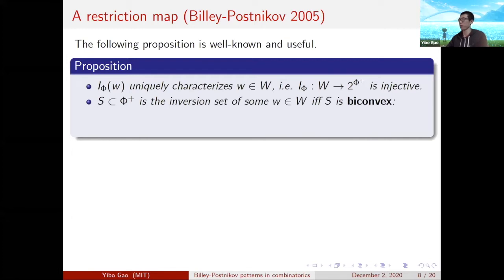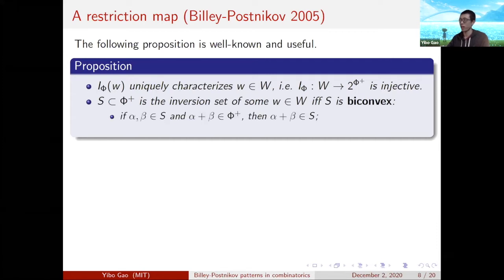So basically, you can characterize the permutations by their inversions, and that should be obvious. You might want to ask, what is the image of this map? S, which is a subset of Phi plus, is the inversion set of some Weyl group element if and only if we have this biconvex condition.